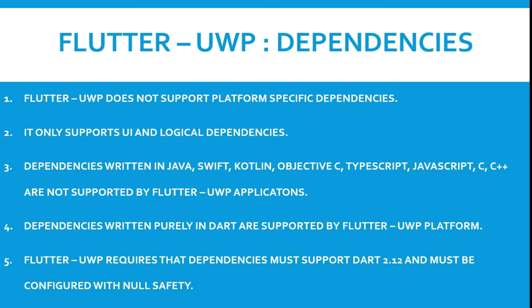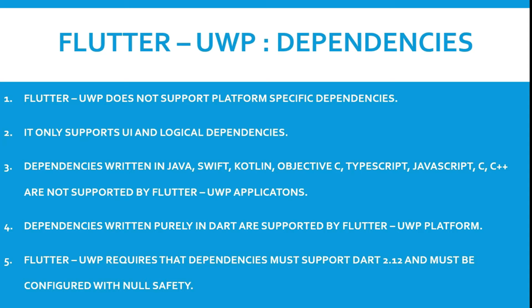That means if a dependency relies on some other programming language, it is not supported. Dependencies written purely in Dart are supported by the Flutter UWP platform. If you wish to write a dependency for Flutter UWP, it should be completely and purely in that language, without the support of any other programming language.